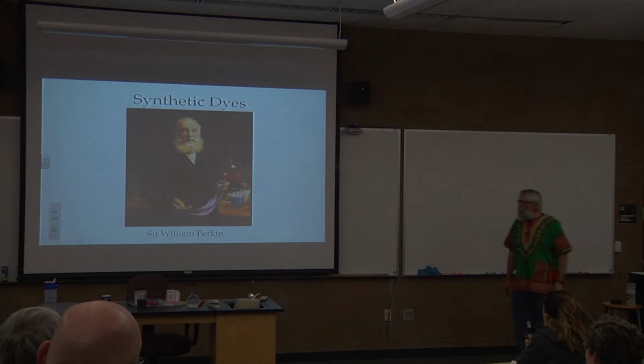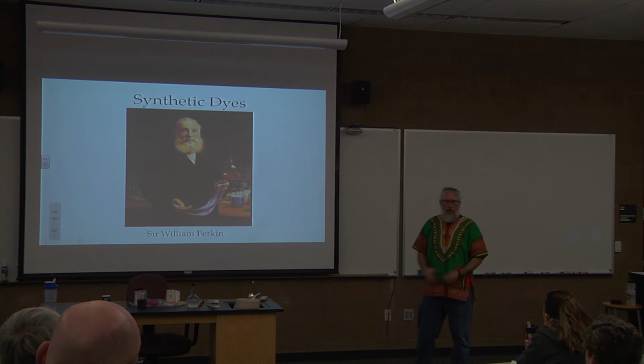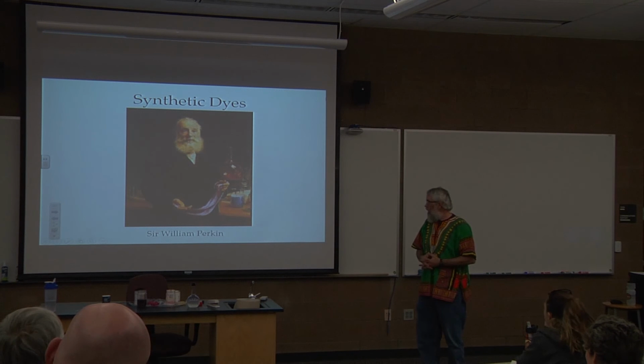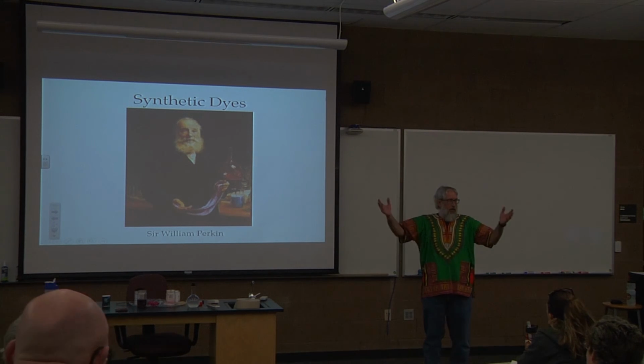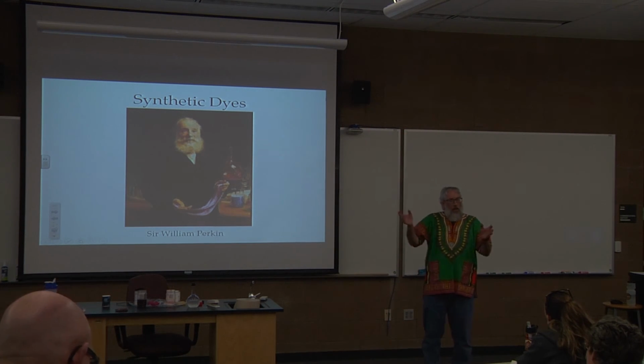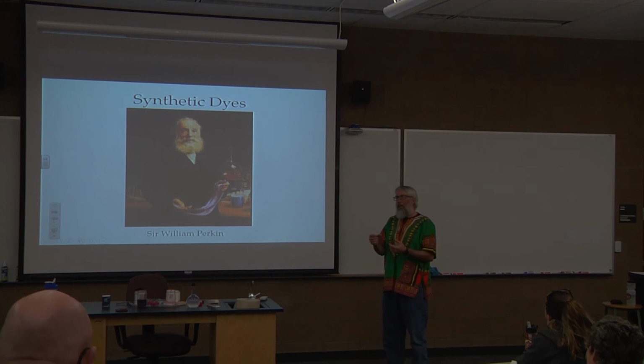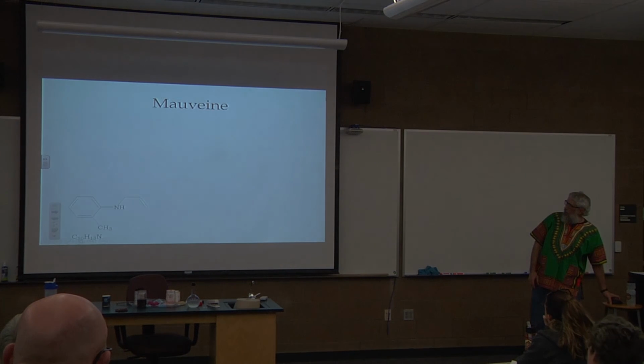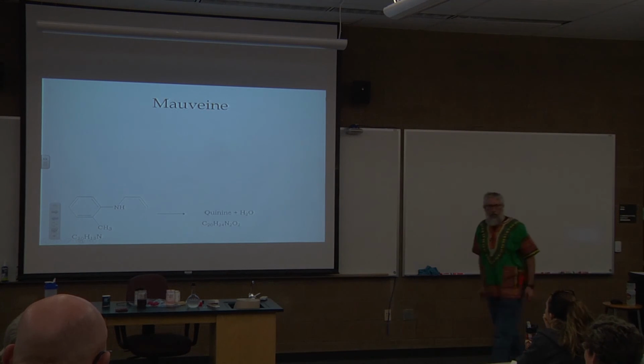The synthetic dye industry was started by Sir William Perkin, before he was knighted, in 1856. He was a student just like you guys, or like some of you anyway. Over spring break, he had this idea that he was going to make quinine.